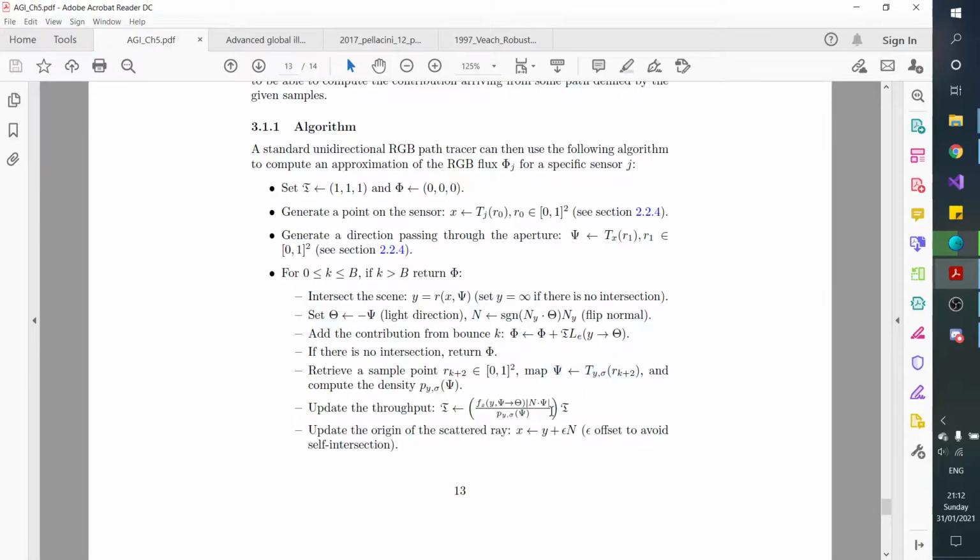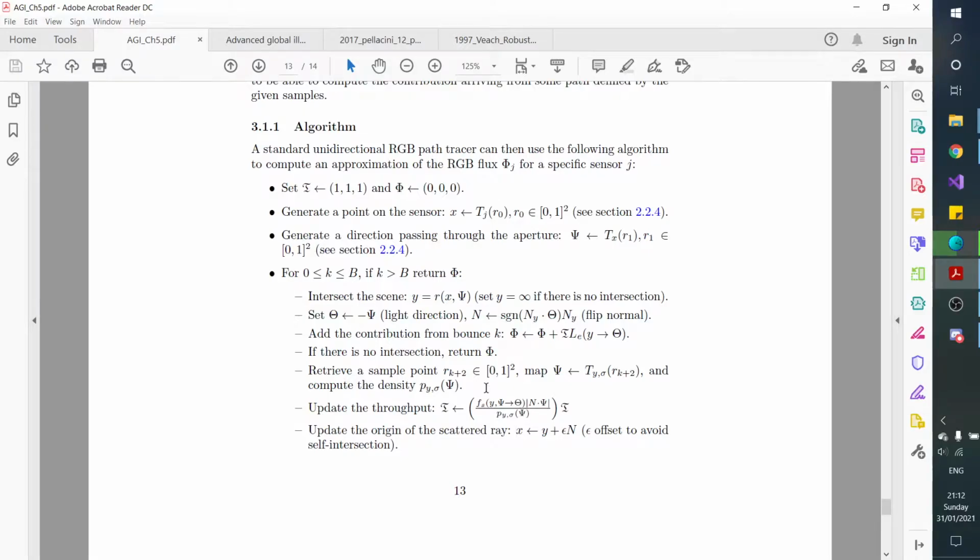So with every bounce, you grow this t with more terms. Does that make sense? Okay. So this is not the importance. This is just the throughput.